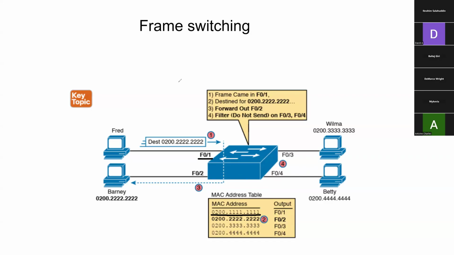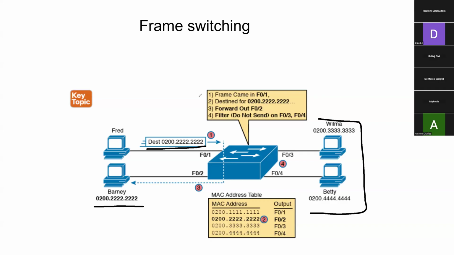So the switch will learn the MAC address as data is passing through the network, right? And the switch learns it based off of source MAC address. Remember? So let's take a look here. The frame came in on Fast Ethernet 01. It's destined over to Barney. Perfect, Barney gets it because it's destined for him. But what about the other ones? What about Wilma and Betty, right?